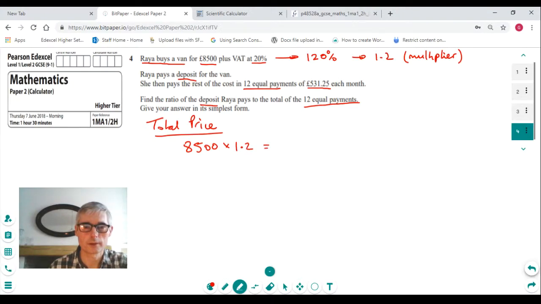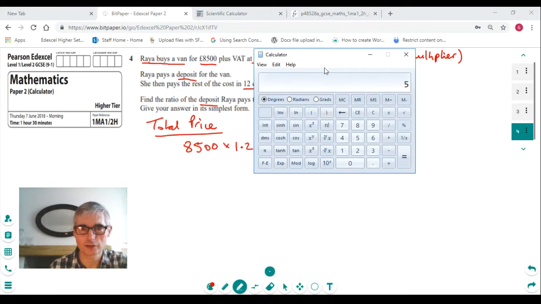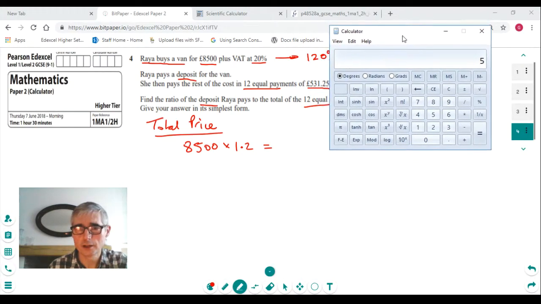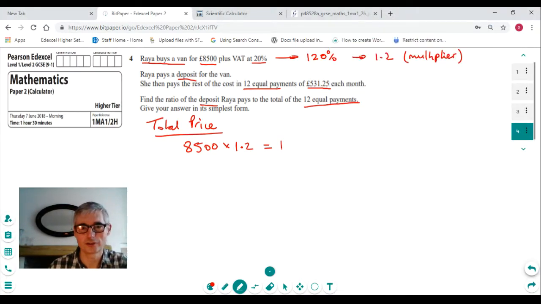So I'm going to get my on-screen calculator up. And we just multiply that away to get 8,500 times 1.2, and what we get is 10,200. Okay. So now what we're going to do is work out the total of the 12 equal payments.